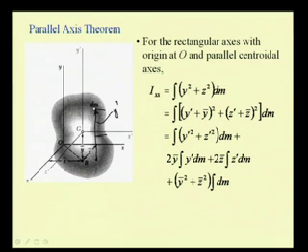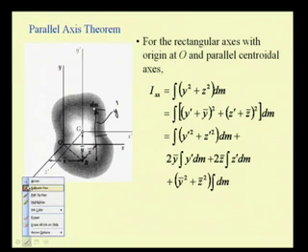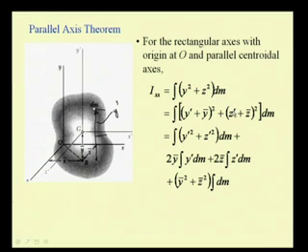So, we have y square as y prime plus y bar, squared. In the same way, z square is z prime plus z bar, squared. Let us now expand this and write.